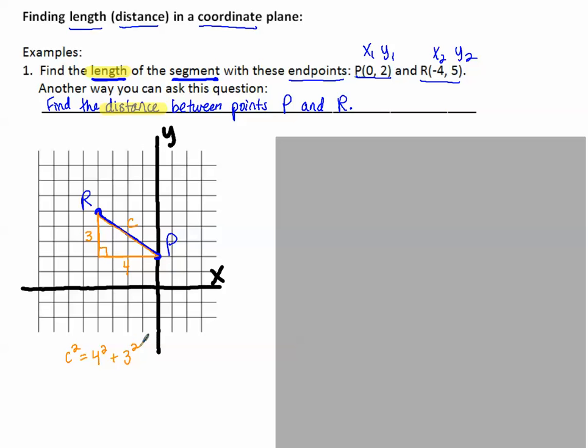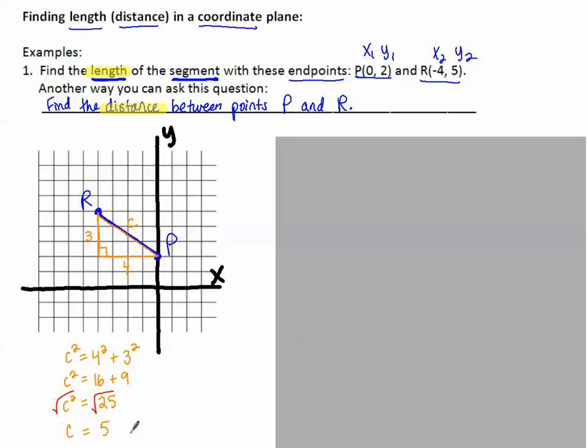And how do we solve this? Well, I could square these first. So c squared equals 16 plus 9. Then add them together. And then I need to make the squared go away, so we take the square root. So it looks like c equals 5.